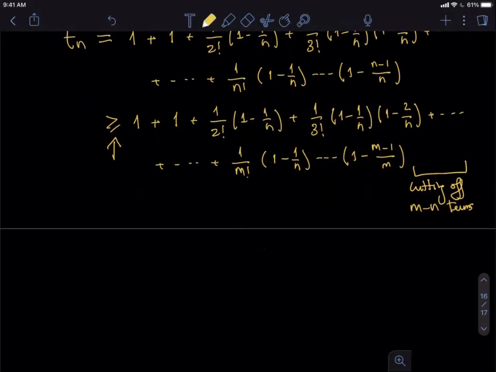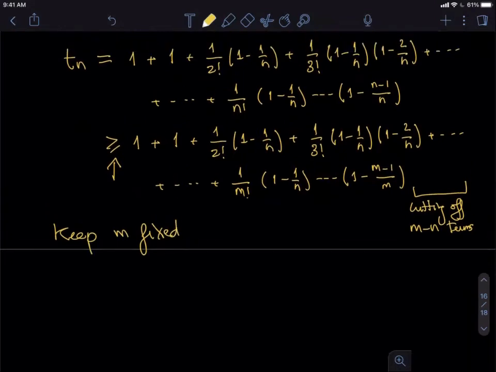Now, keep m fixed and let me take the lim inf as n tends to infinity.